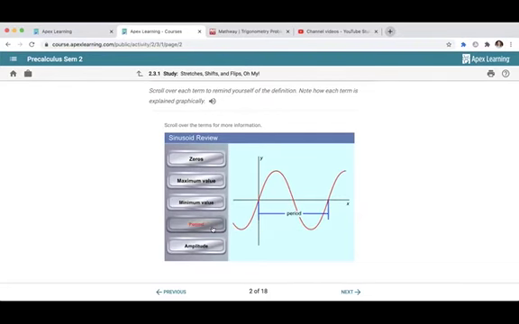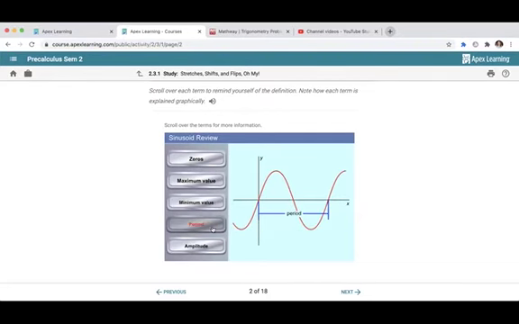So a period is how long it takes me to get back to my original location. And then the last one there again is amplitude, the height of the wave. So max value is the peak, the top value, min value is the lowest, and then the amplitude is the size of the wave.